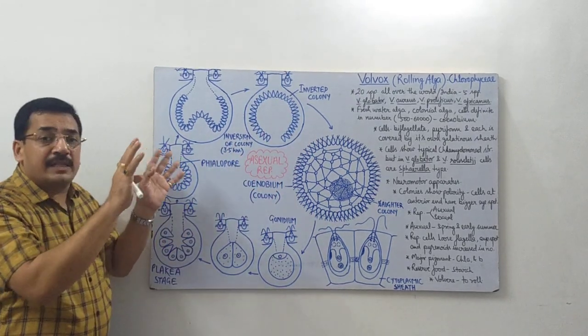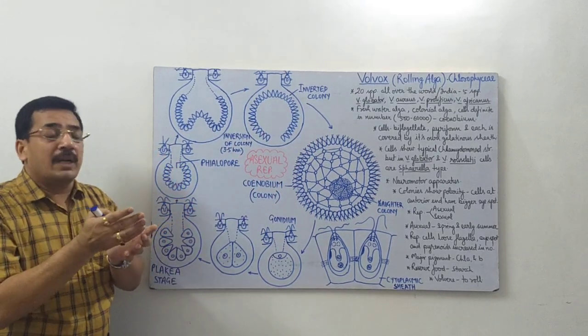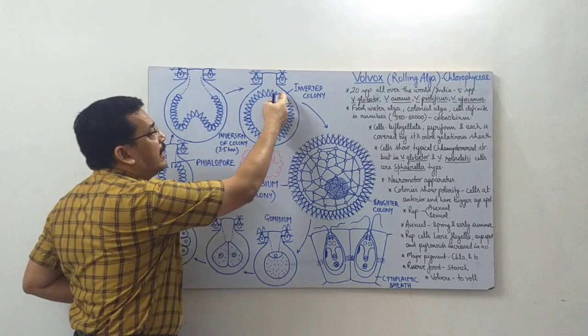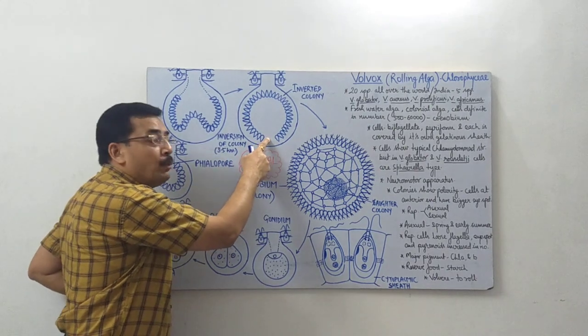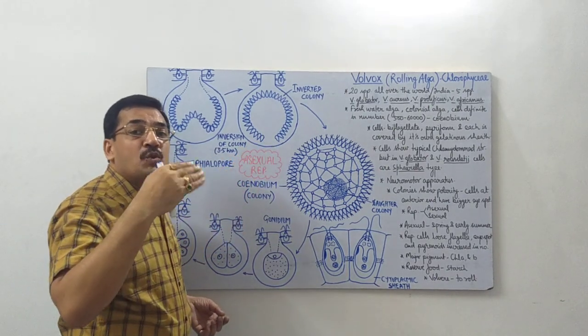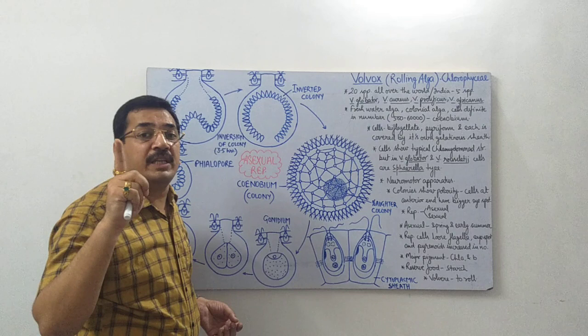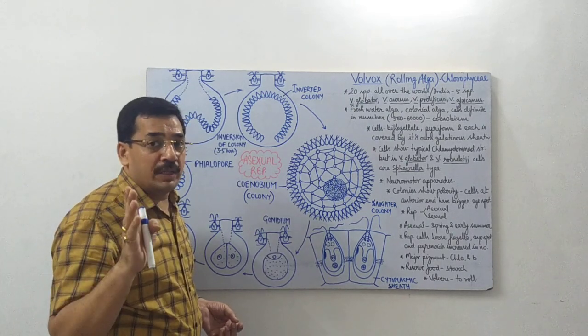When inversion is completed, the cells are arranged in a complete sphere, and this phialopore part eventually forms the posterior pole of the colony.